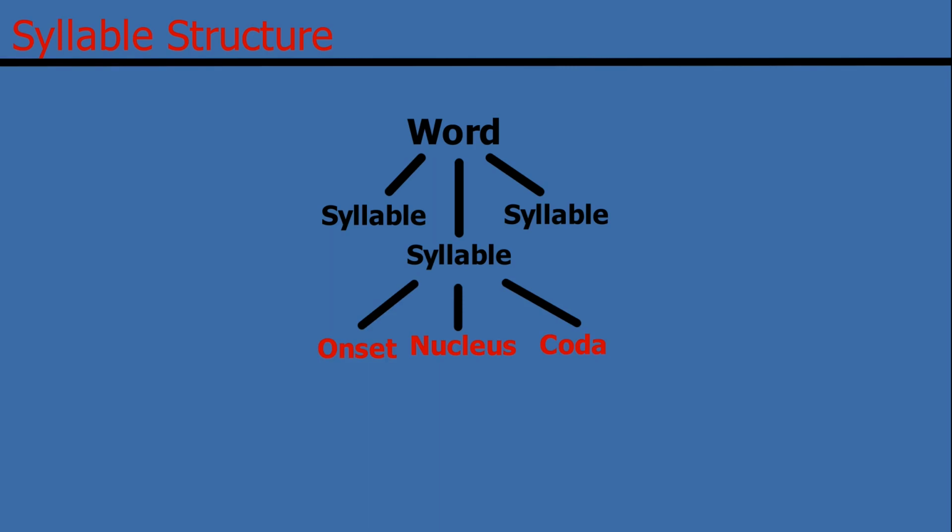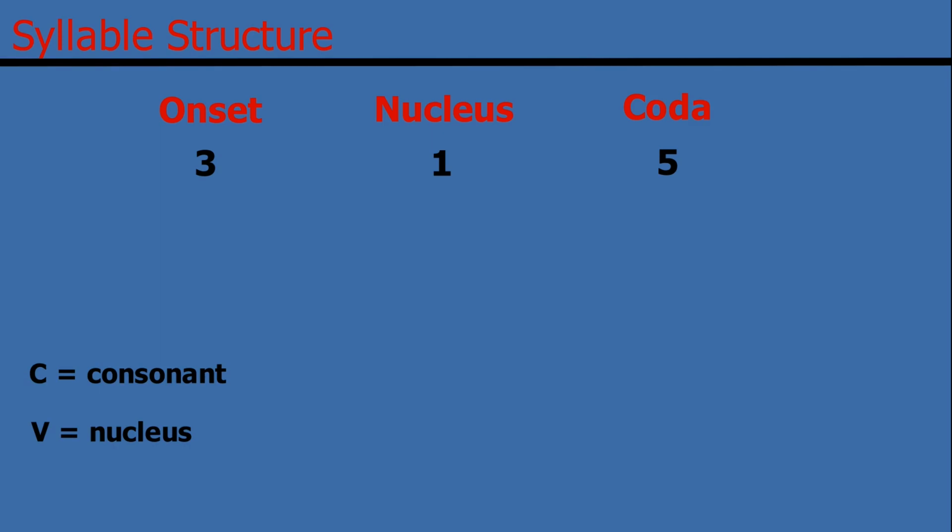For the most part, consonants will only be used in the onset and the coda, and vowels only in the nucleus. A huge part of the phonotactics of your language is the number of letters that you decide to put in the onset and coda. For example, English allows for up to 3 consonants to cluster in the onset and 5 consonants in the coda. We conlangers write this out using C's and V's, C's being consonants and V's being the nucleus.